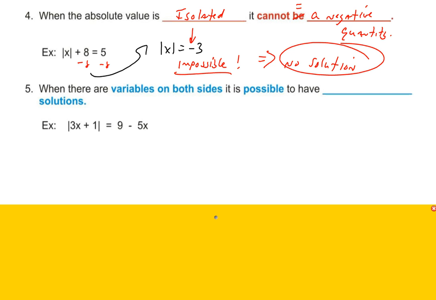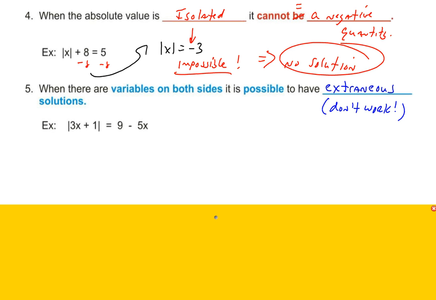All right, next situation. When there are variables on both sides, it's possible to have extraneous solutions. E-X-T-R-A-N-E-O-U-S. What in the world are extraneous solutions? Simply, these are solutions that don't work. What?